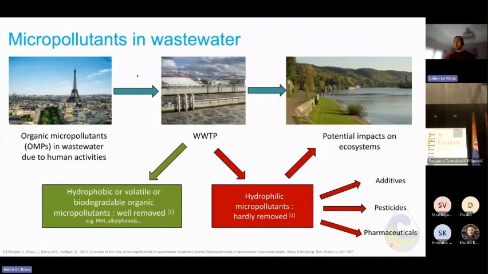So as you know, organic micropollutants are present in wastewater due to various activities. In the end, they go to the wastewater treatment plants, mostly where we can analyze these micropollutants in France. Some of them are removed by the treatment.